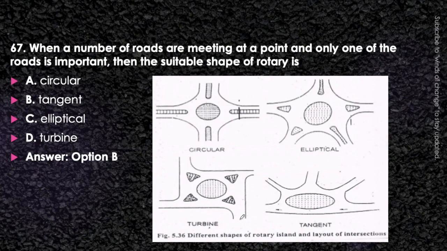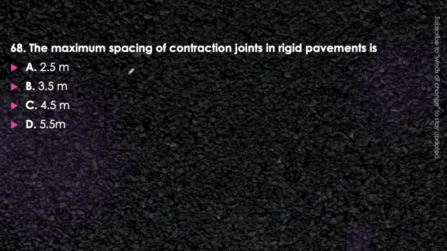Okay. Next question. The maximum spacing of the contraction joint in rigid pavement is 2.5 meter, 3.5 meter, 4.5 meter or 5.5 meter. Think about it. This is a very easy question. We have discussed the concept of it in the first question of this sequence.